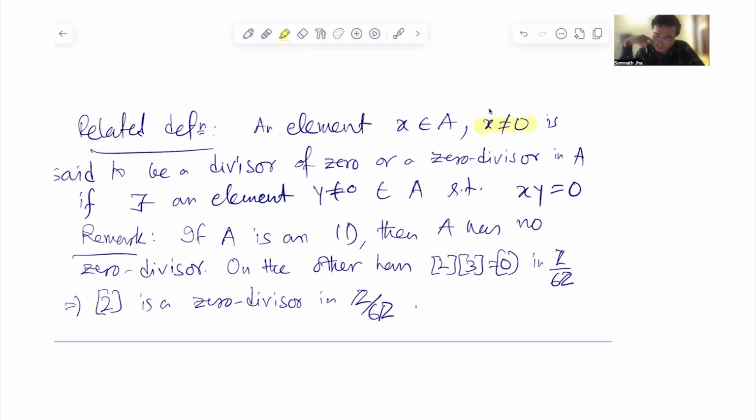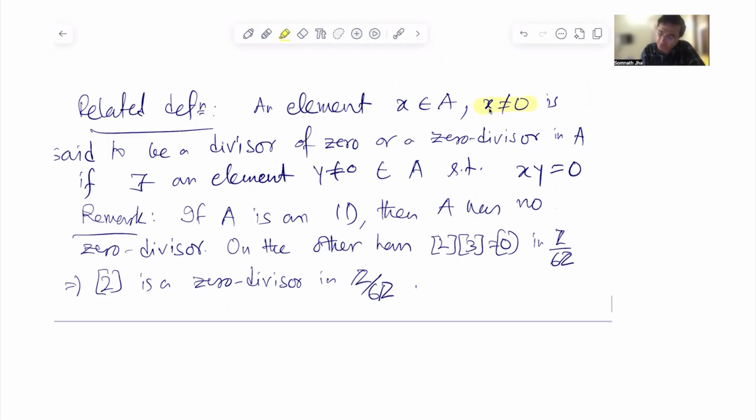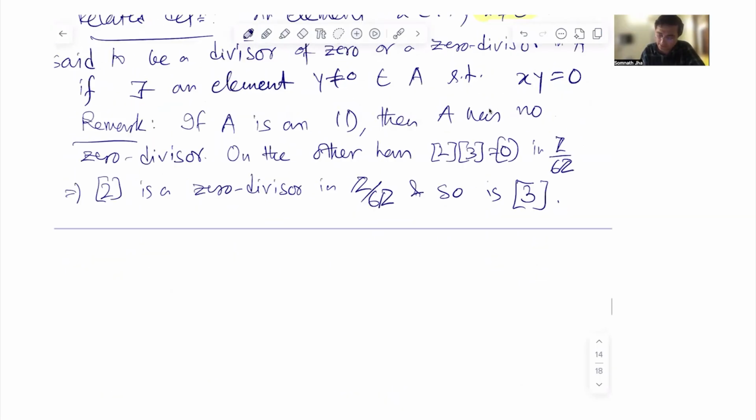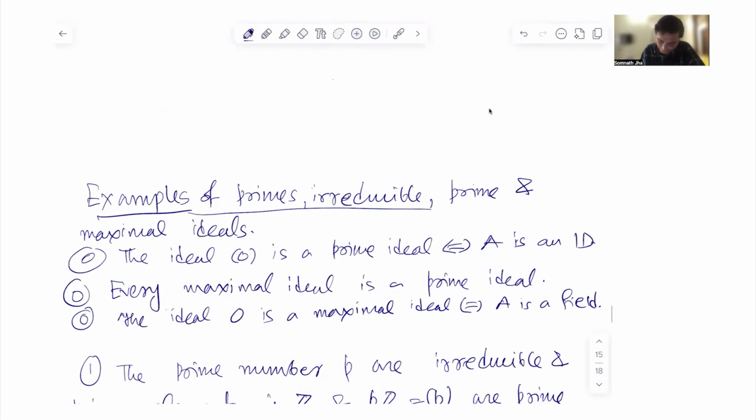On the other hand, take the ring Z mod 6Z: 2 bar times 3 bar is 6, which is 0. So 2 is a zero divisor in Z mod 6Z, and so is 3. In an integral domain, there is no zero divisor.